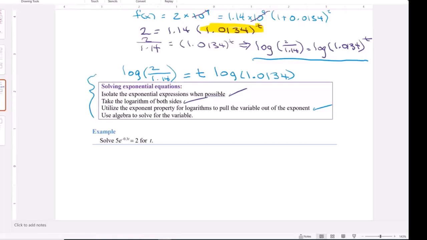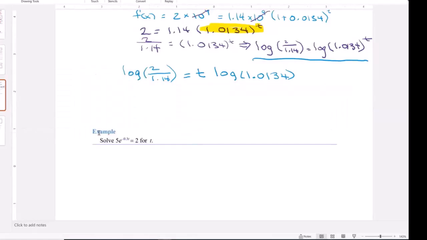Now it says use algebra to solve for the variable. All right. We're going through the steps. I'm going to delete this. We don't need it because we are now just going to use algebra. Okay, so again, I can just put this into a calculator, but let's see the algebra part first.